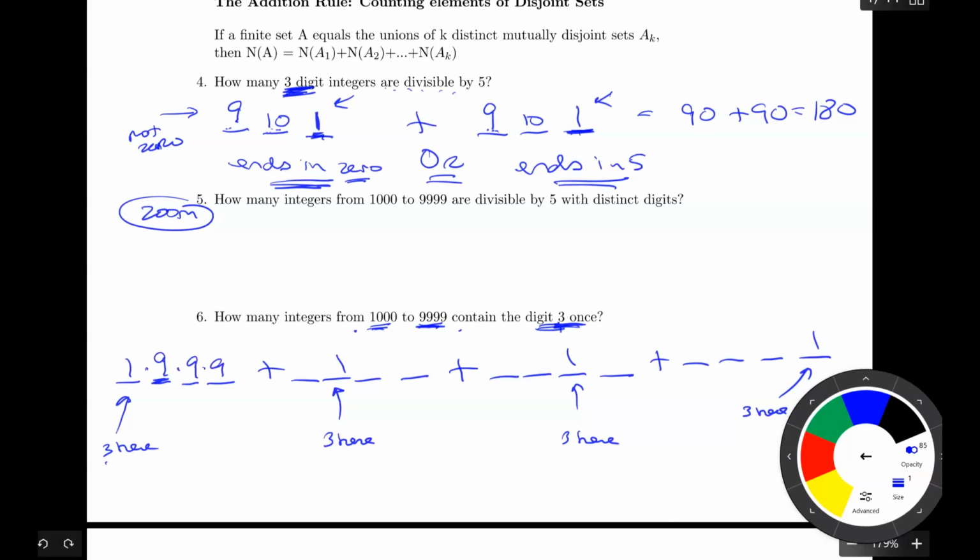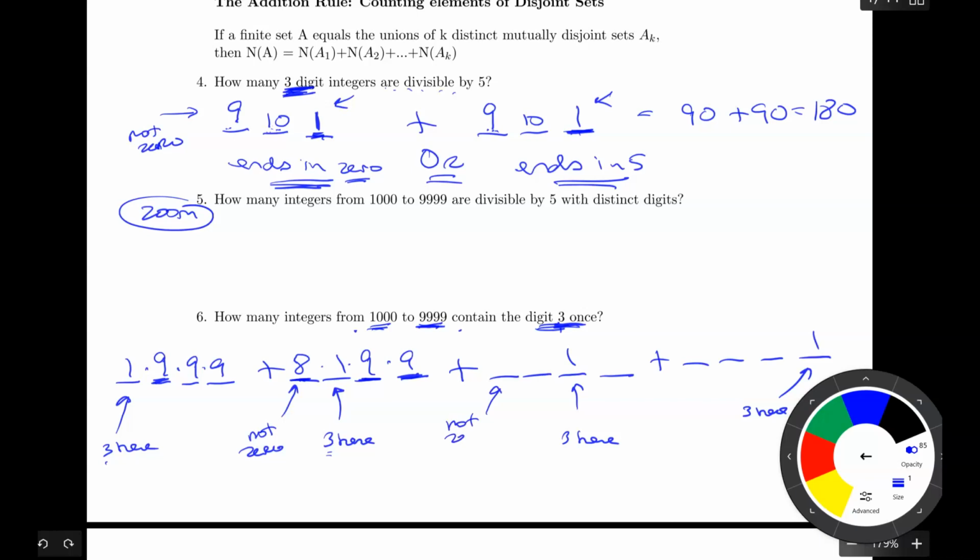Okay. So let's go here. So these others are a little more challenging. Remember, it can't be 0 here, right? So this one can't be 0, and it can't be a 3, so there's 8 choices here. All right, and then these other 2 digits, they just can't be a 3, so there's 9 choices for each of those.